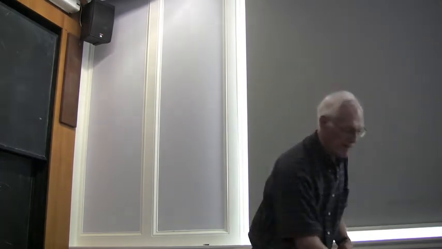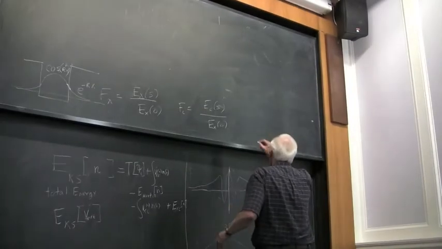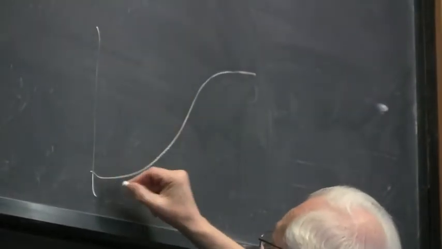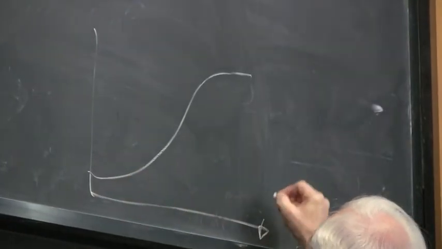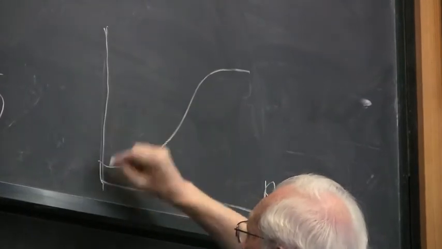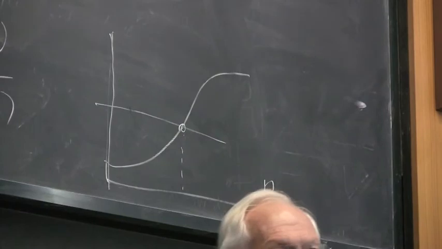And so a clever way to do this is to have a band structure. This would be K. And so one way to do it is to find out the K that corresponds to that energy.